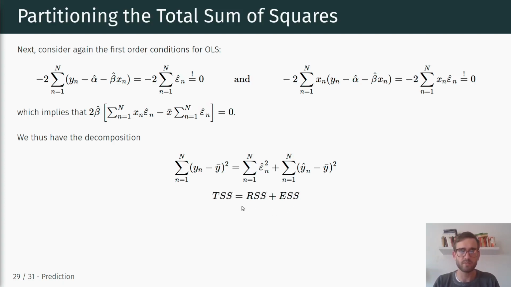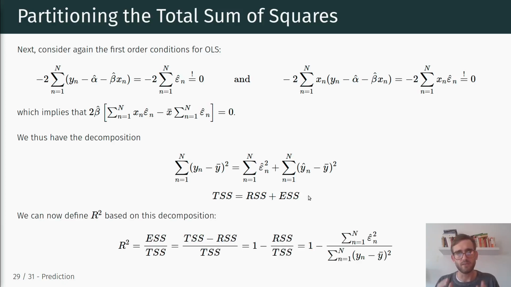In other words, the total sum of squares is equal to the residual sum of squares plus the explained sum of squares, the deviation between our y hat and our y bar. Okay.